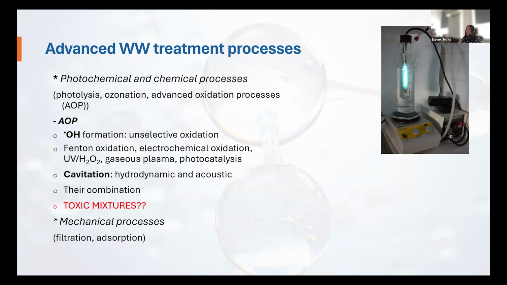Over the years, sufficient data have been collected to confirm that advanced oxidation processes indiscriminately attack many structurally diverse hazardous organic pollutants, leading to their partial or complete oxidation. The processes where OH radicals can form in situ include, for example, Fenton oxidation, electrochemical oxidation, UV combined with hydrogen peroxide, gaseous plasma, and photocatalysis.